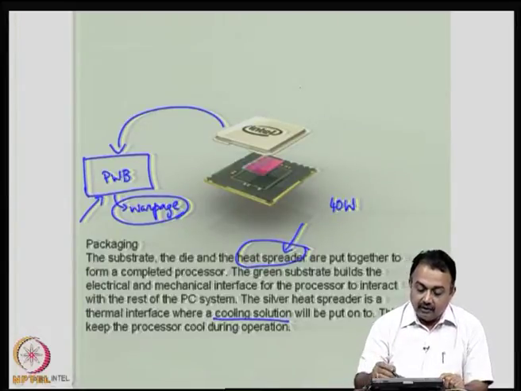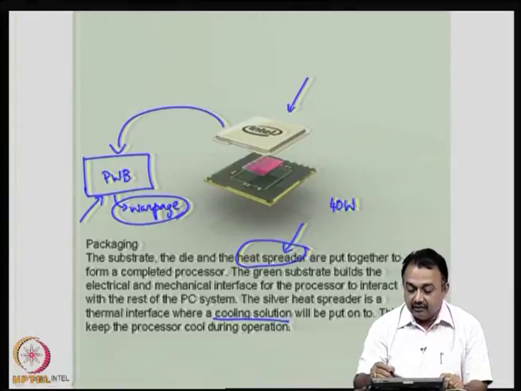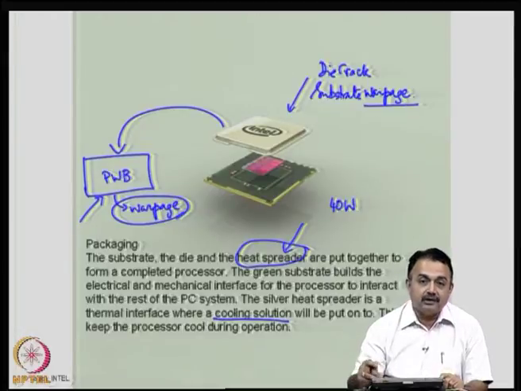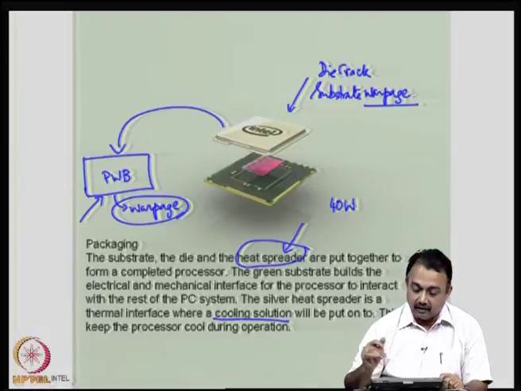So, what are the things that you can expect in terms of failure? There can be die crack, or there can be a substrate warpage. Warpage means bending due to continuous cooling and heating, expansion and contraction.